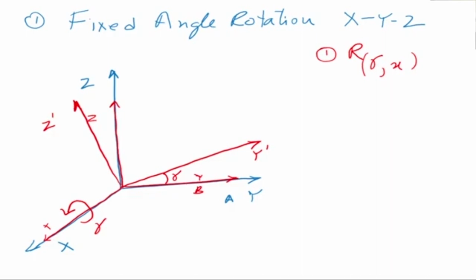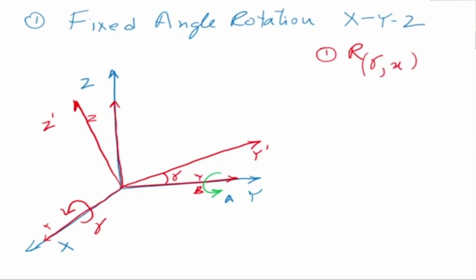In the fixed frame, it's always about the fixed axis. So I'm going to rotate about the fixed axis. Let me change the color, and I'm going to rotate like this now. The fixed axis is here, right?